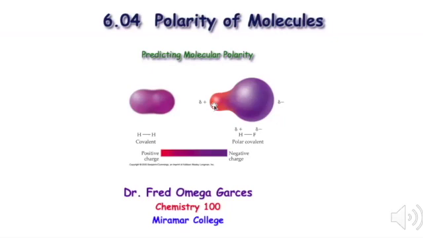The area where the electrons tend to reside more greatly is the negative part, and we use this Greek symbol delta to indicate there's a partial negative charge in this region and a partial positive charge in this region. So we say that these chemicals, because they have a separation of charges, are polar, just like magnets are polar. That's what it means.